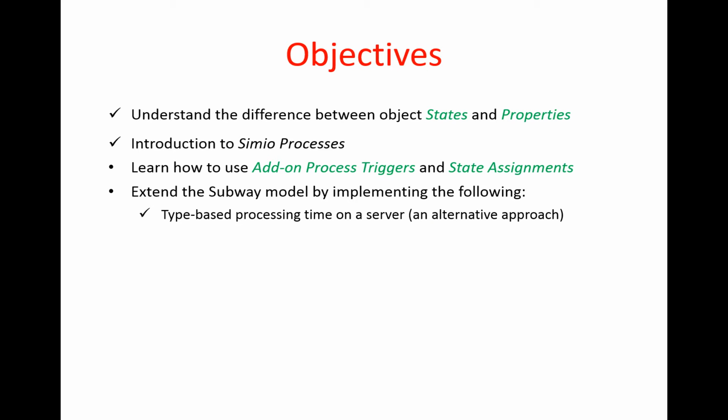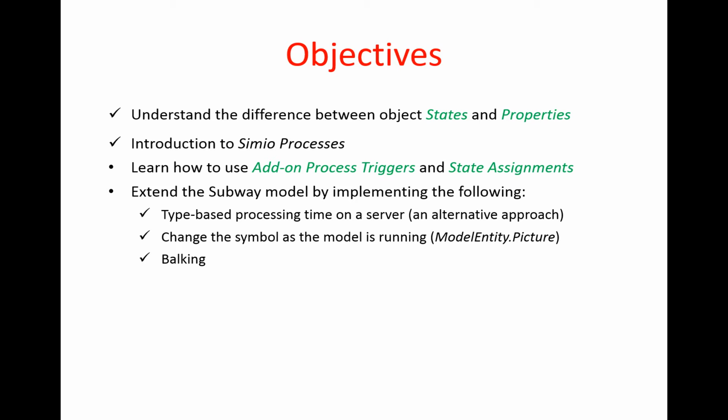We implemented type-based processing time for our cold and toasted sandwiches using a model entity state variable and add-on processes. That's what we did in the second video in the module. In the third video in the module, we talked about how we can change the symbol of entities by changing the value of the ModelEntity.Picture state variable, which is a state variable associated with our model entity object.